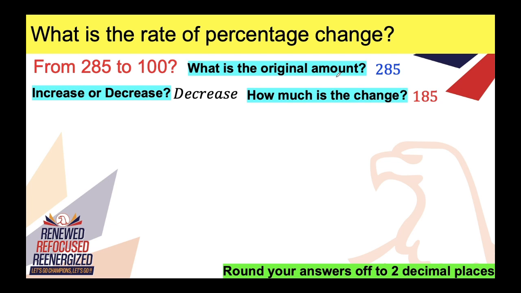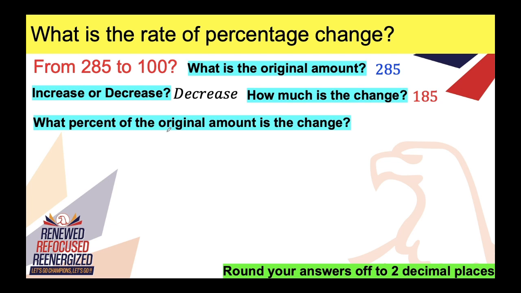So this time, what percent of the original amount? This original is your whole, and the change, if you remember, is simply the part of the whole. So we are asking what percentage of the original 285 is 185. Precisely, this is our whole and this is our part.